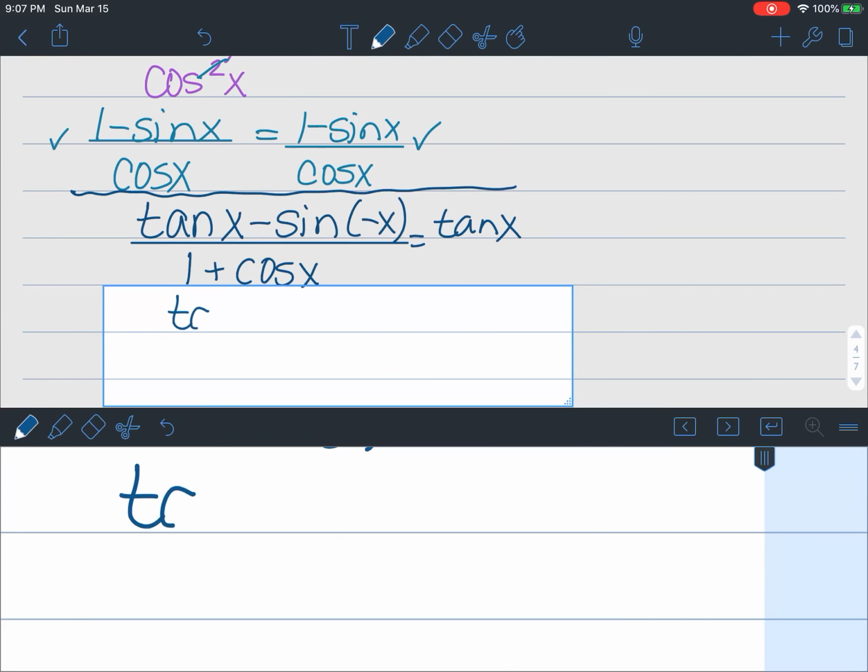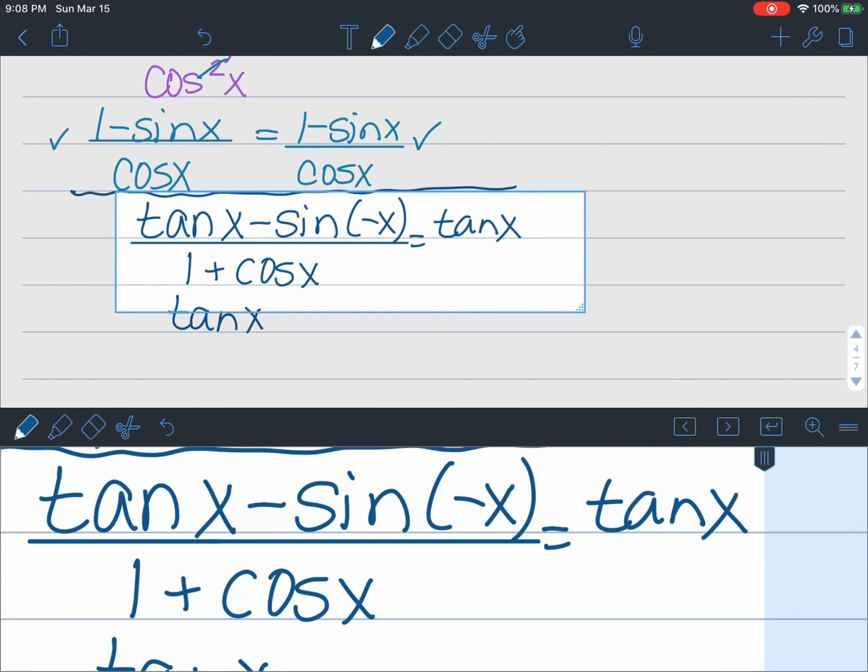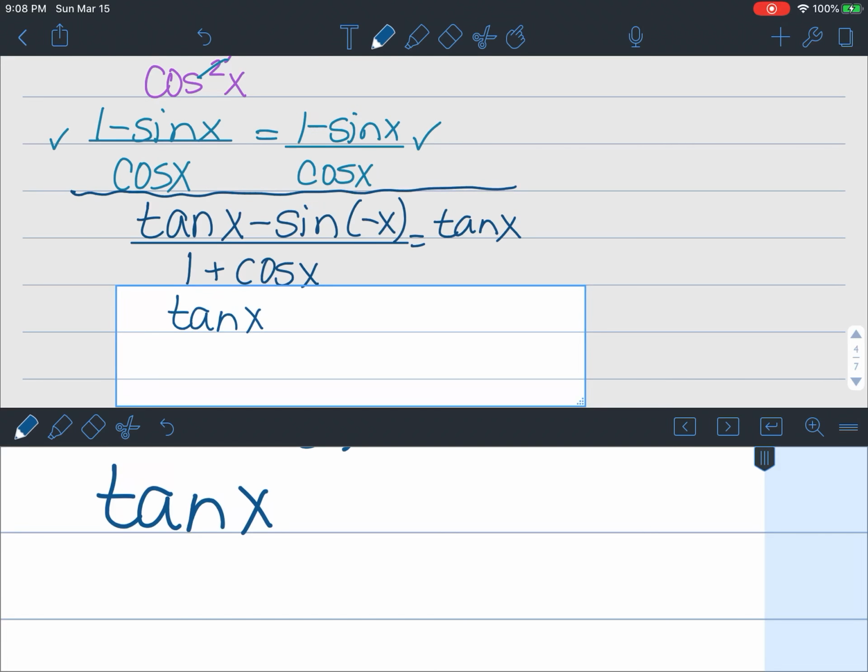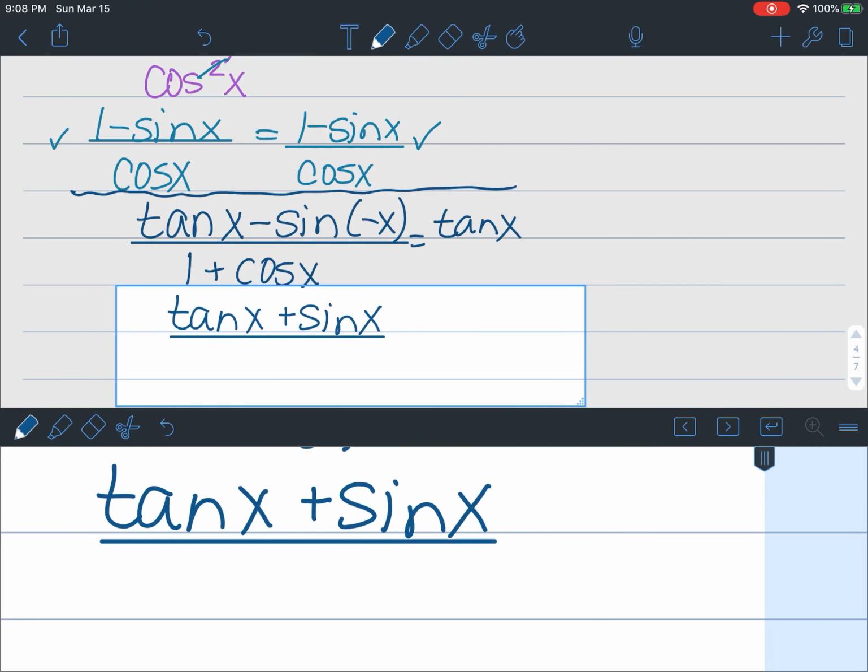And you have written down in your notebook somewhere that sine of negative x equals negative sine x. So that's going to take that minus sign and turn it into a plus.